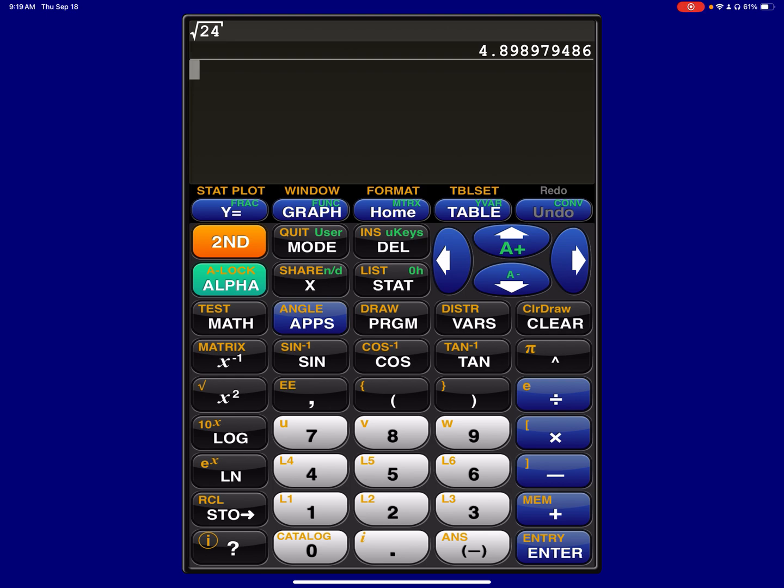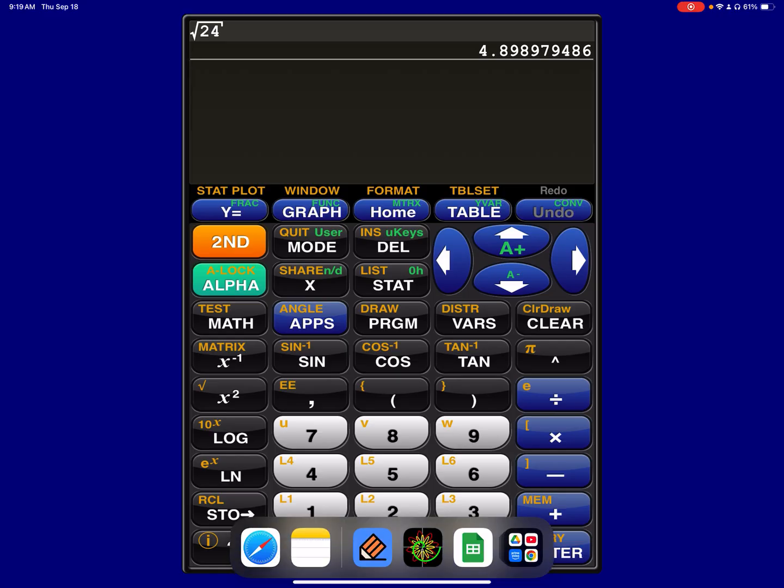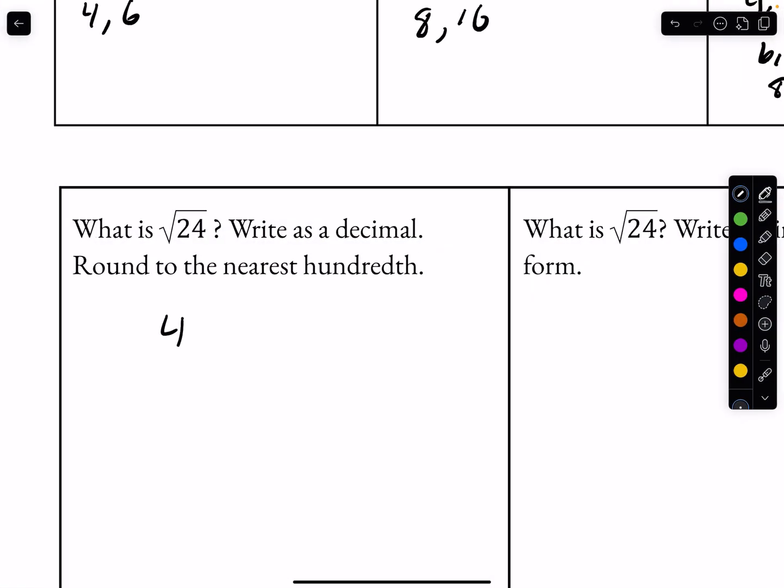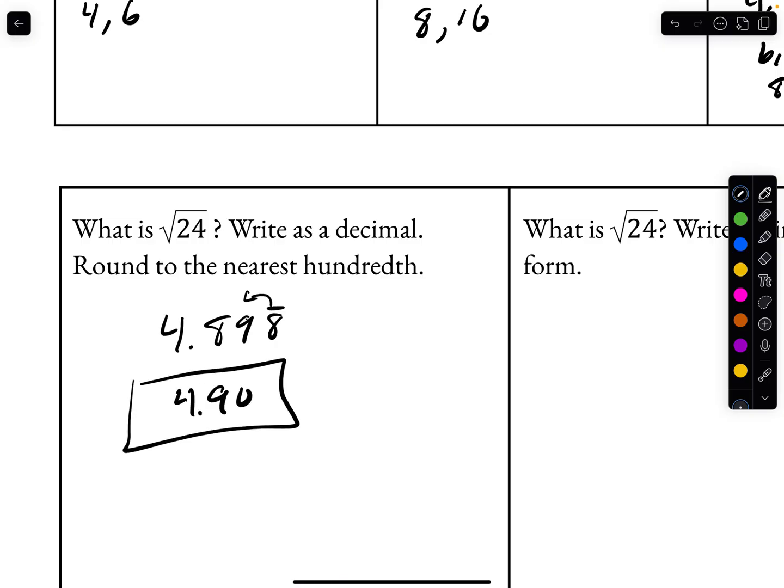These decimals don't ever stop. It's 4.898, which rounded to the nearest hundredth, the 8 makes the 89 go up to a 90. Think of hundredths because it has 2 decimal places, like 2 zeros.